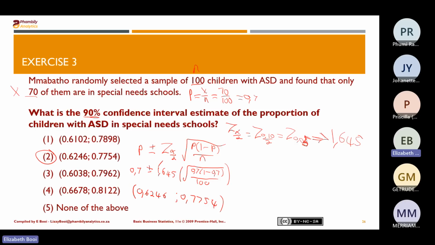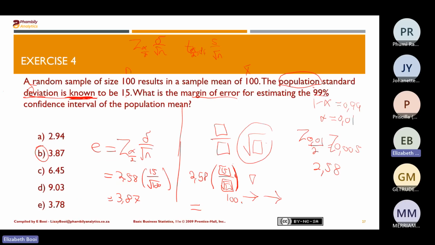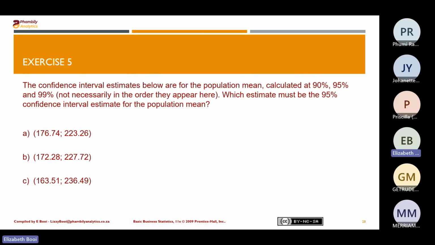Otherwise, they will specifically tell you that it's from the population standard deviation. Okay, so when I have the population standard deviation given, then I work with the Z alpha formulas. Yes. When do I work out the T, the degrees of freedom? When we are given the sample standard deviation. Okay. Thank you. Sorry, guys. No problem.